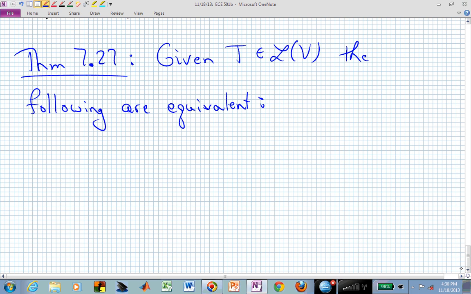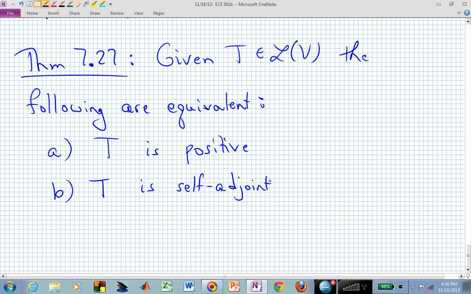So now let's just list several different equivalence statements. A linear operator T is positive. If T is positive, then we can also say that T is self-adjoint. That's not much because that was in our definition of positive.